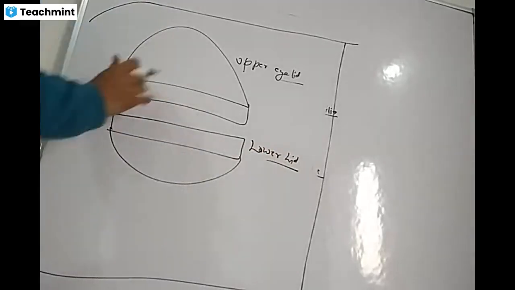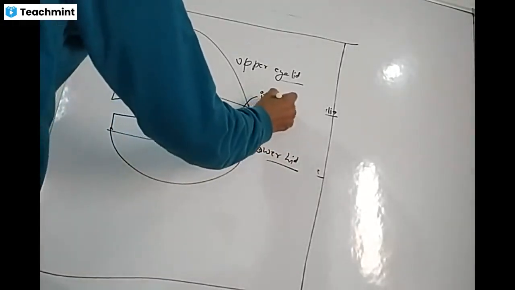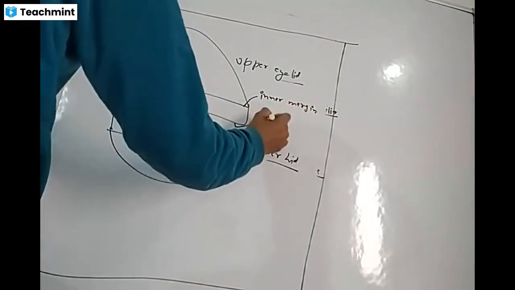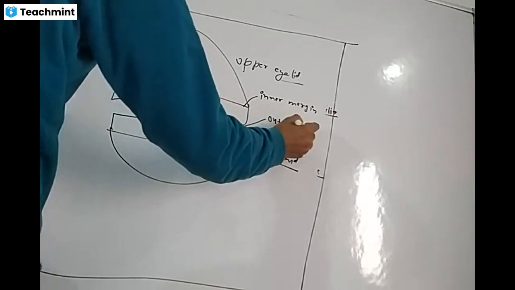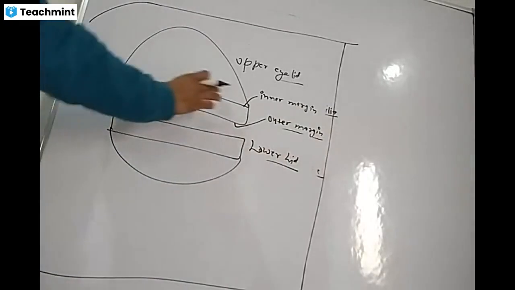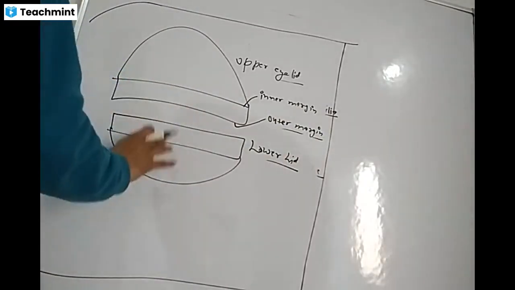The upper eyelid is having inner margin and this is the outer margin. This is the inner margin and this is the outer margin. So these are two eyelids.